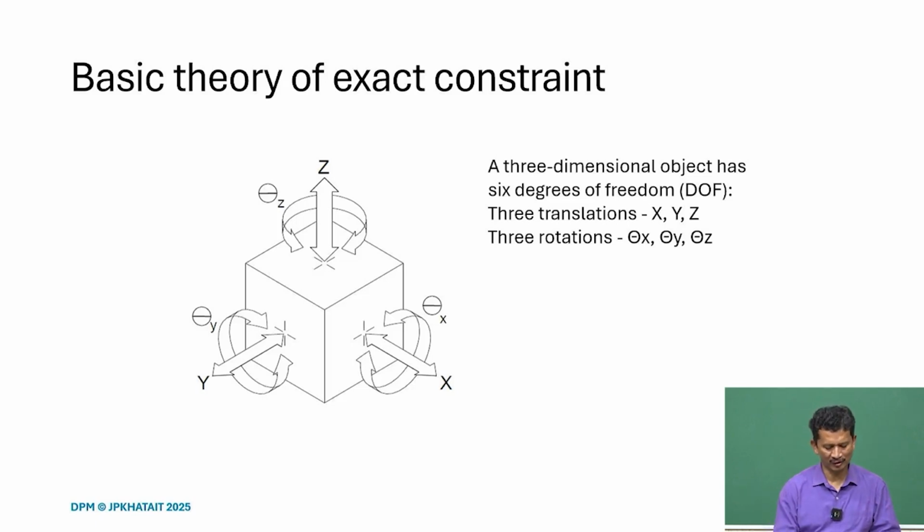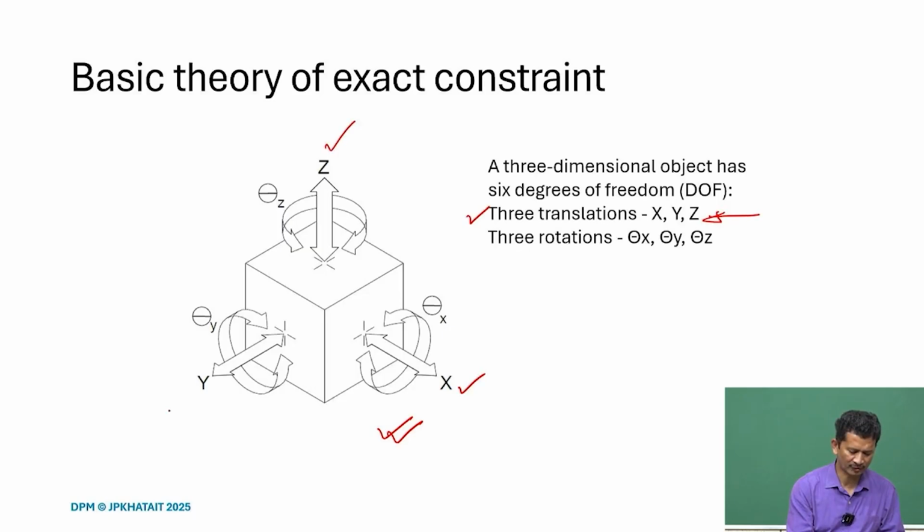So, what you see here is a rigid body in 3D space, and we realize that it has a total of 6 degrees of freedom. So, 3 translations, which are x, y, z motions.